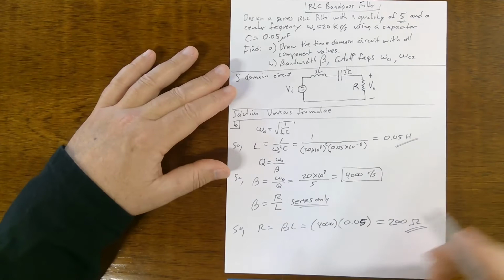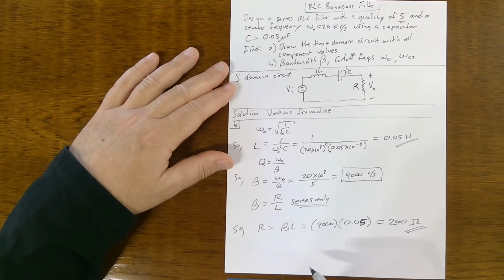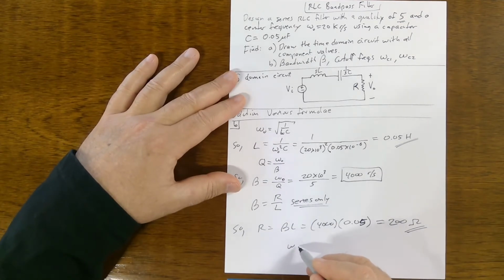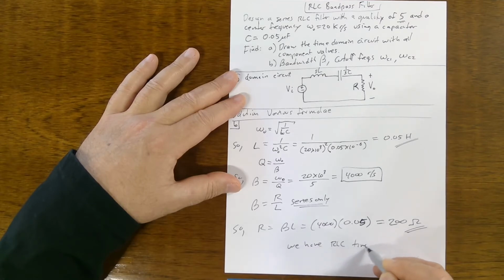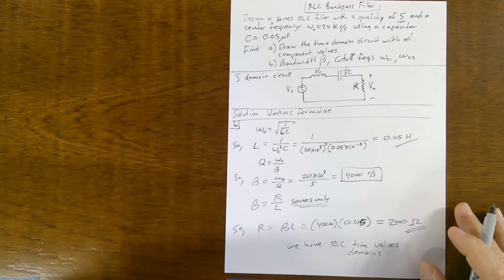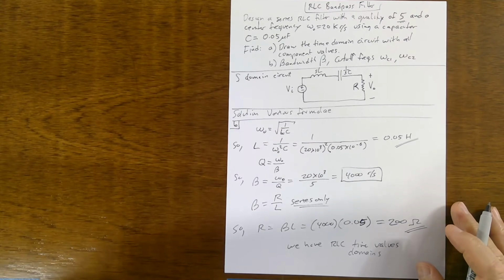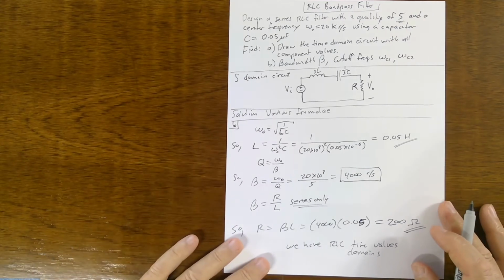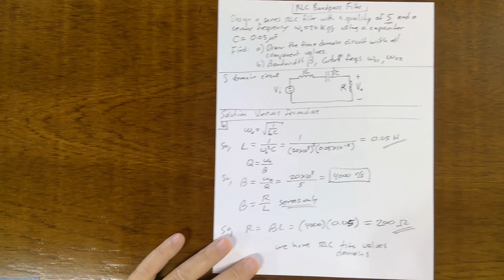Anyway, so we have the RLC time domain values. So we could draw the circuit.